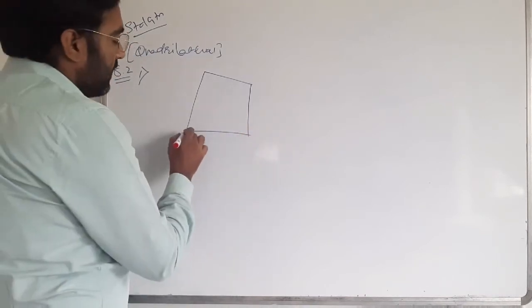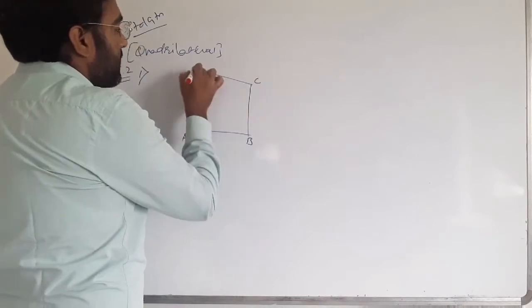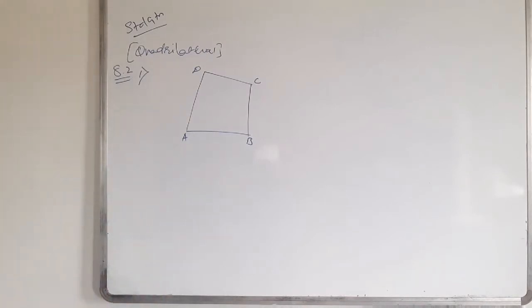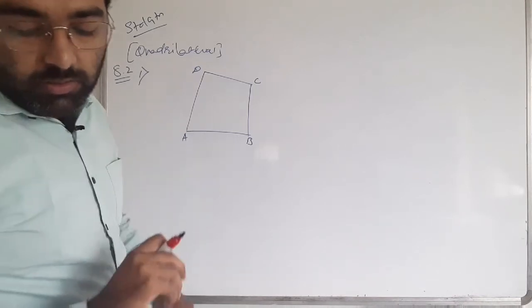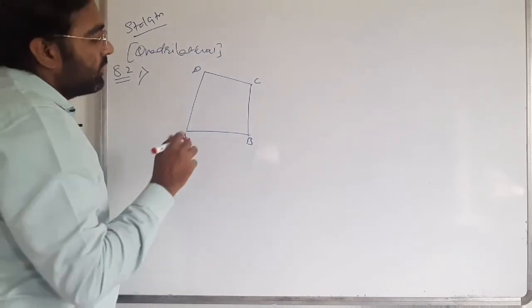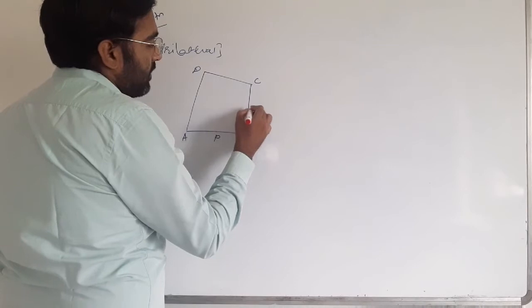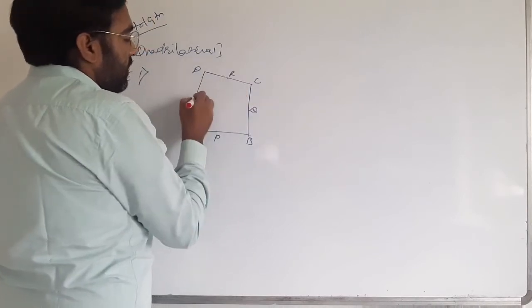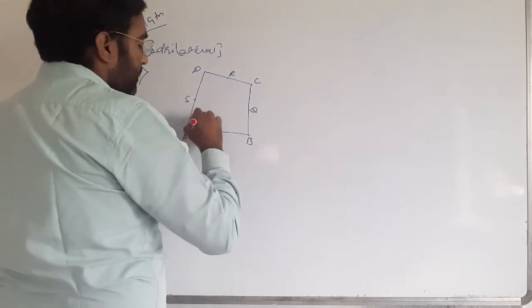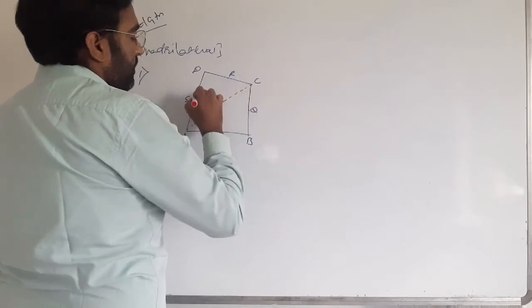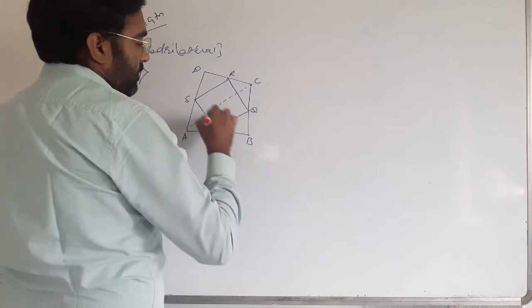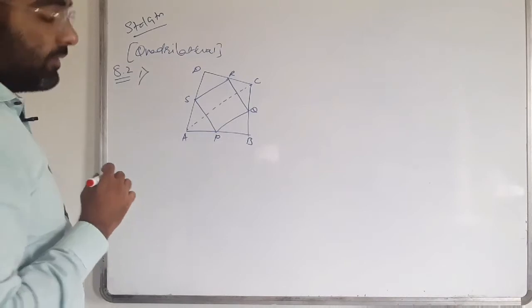Here is the quadrilateral ABCD, and P, Q, R and S are the midpoints of AB, BC, CD and AD, and AC is one of the diagonals as given. Clear? So this kind of shape is given.